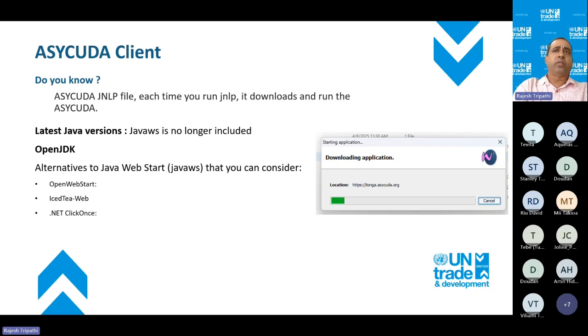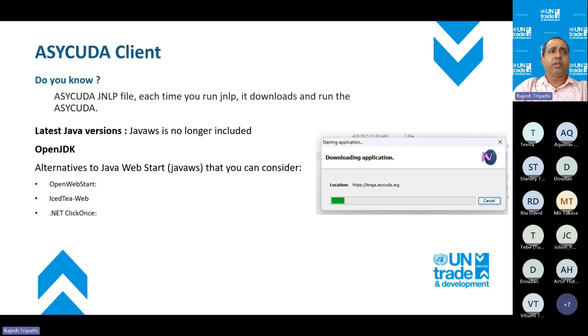Open Web Start is also open source, and it also supports Java Network Launch Protocol, the JNLP. So you can use Open Web Start or IcedTea-Web instead of Java WS also.